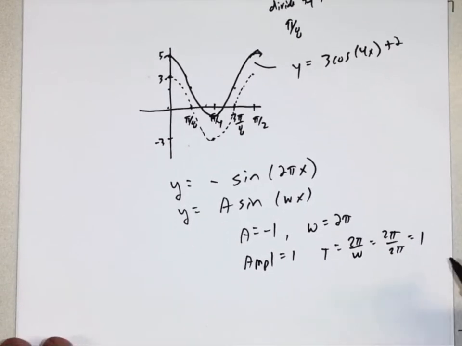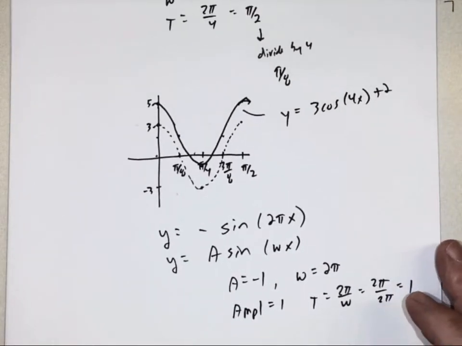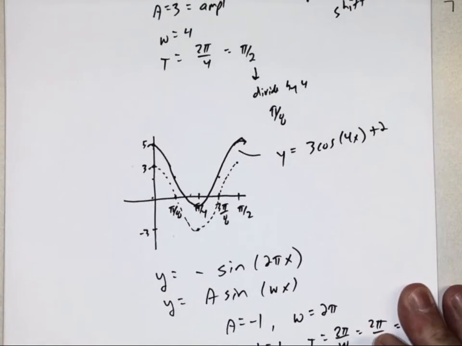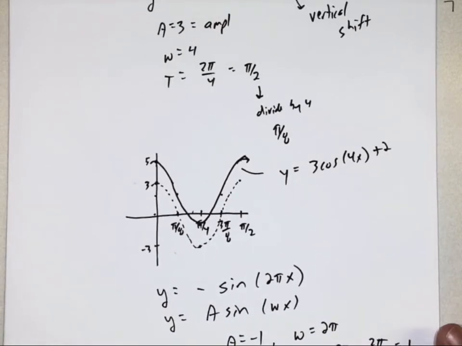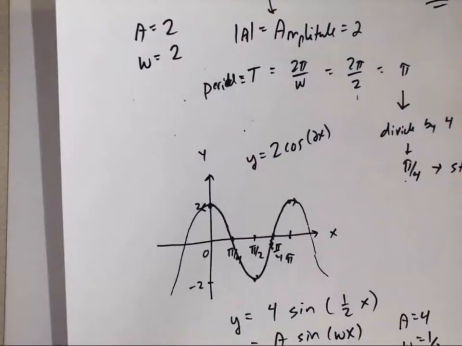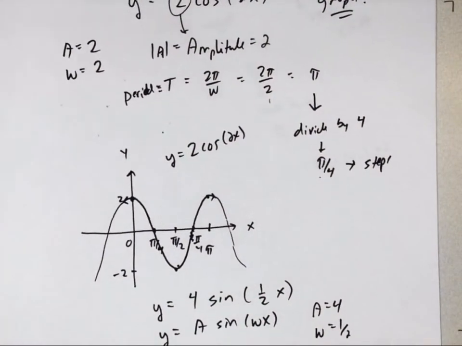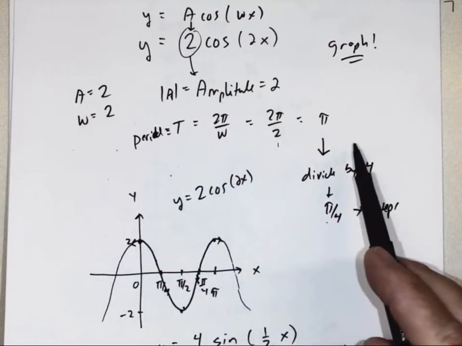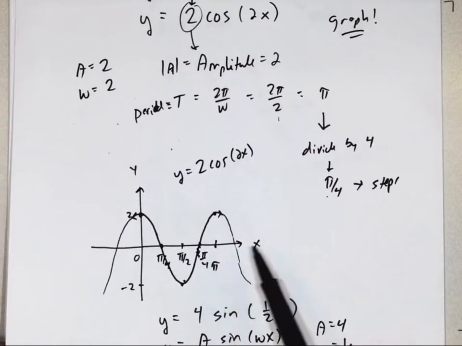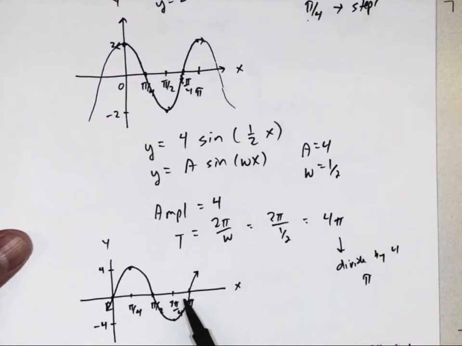And what's interesting is, up until now, if you look back at all the examples, all the periods we calculated all had a pi in them. And because of that, here this period was pi. This period was 4 pi.